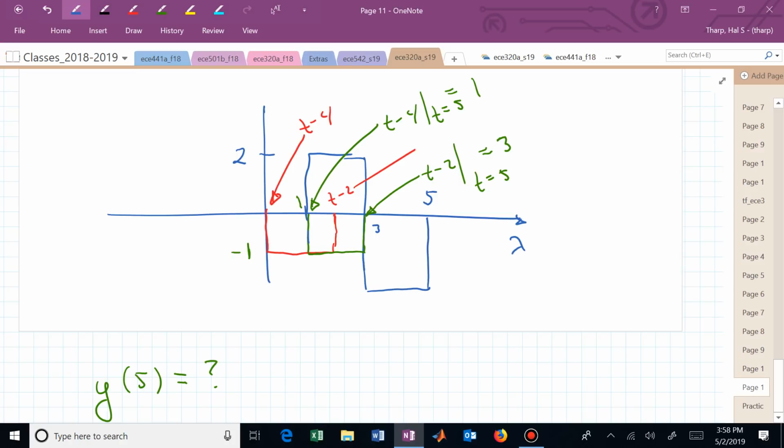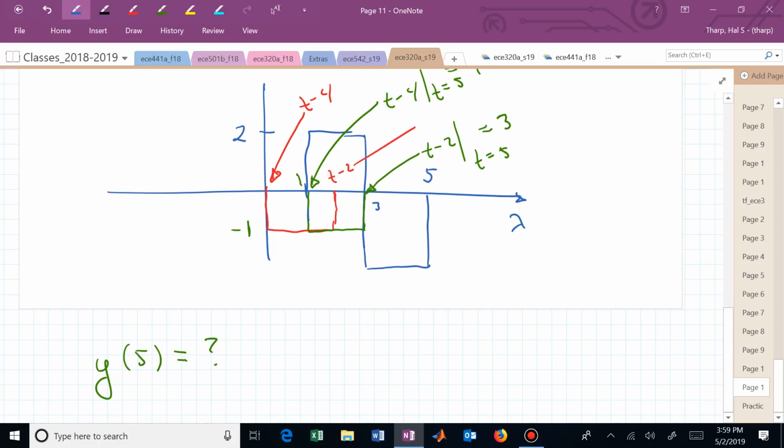So really the area under the product of x with h of t minus lambda in this case is 2 times -1. It's -2 times its width, because we're completely overlapping that very first rectangular piece in x of t. So y of 5 would in fact be -1 times 2 times 2. There's too many 2's, but y of 5 would be -4.